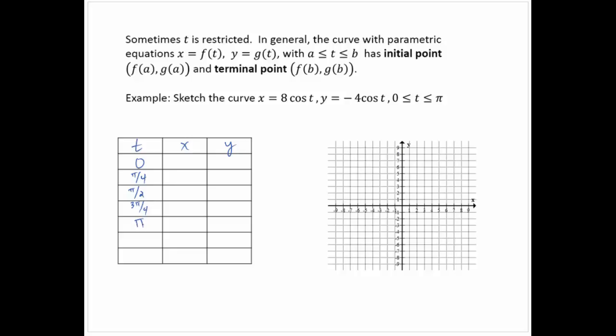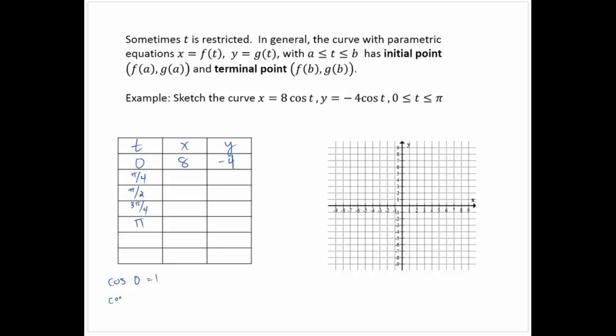Now the cosine of 0 is 1. So x would be 8 cosine 0, 8 times 1 is 8. The y coordinate would be -4 cosine 0, -4 times 1 is -4.